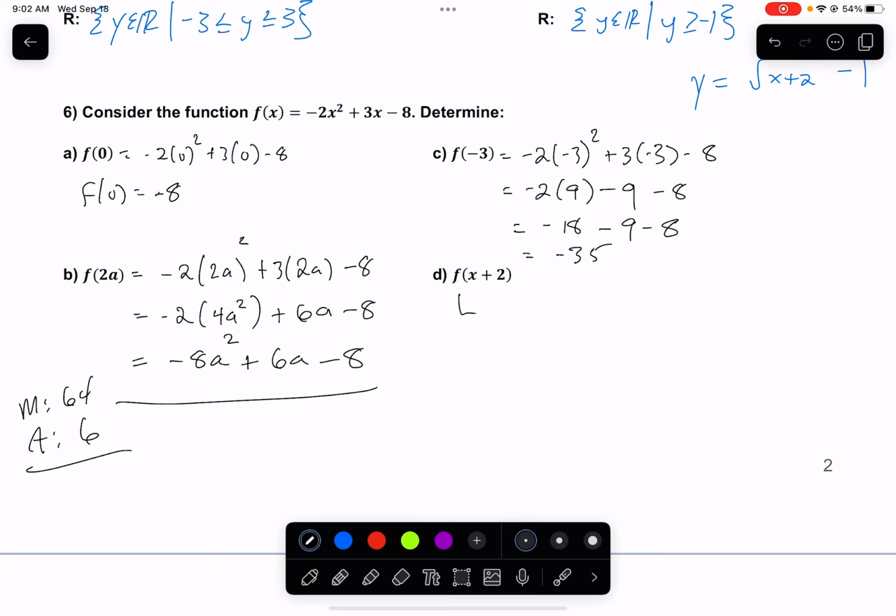Okay, what about the last one? We should see negative 2 times x plus 2 squared plus 3 times x plus 2. We haven't really explicitly gone over how to expand a binomial times a binomial. We did that probably to death in grade 10, so we're just going to do it here.